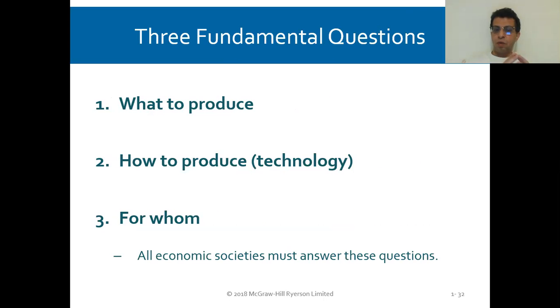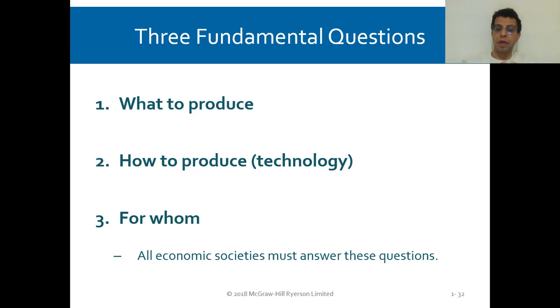Three fundamental questions. What should we produce? In my case, I will cut trees and my neighbor will sew clothes because we're good at it. How to produce is about the technology, the method we use. Is it handy? Do I have a chainsaw?